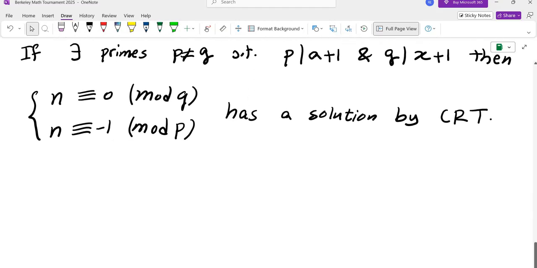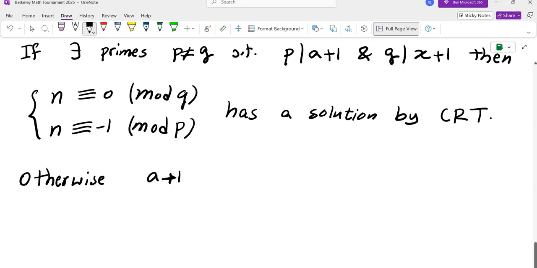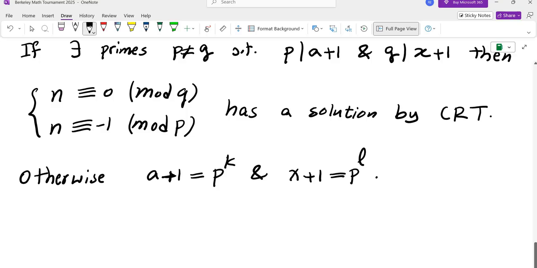So let's assume that is not the case. Otherwise, that means a plus 1 has only one prime factor, and x plus 1 has exactly the same prime factor. So a plus 1 is p to the power of k, and x plus 1 is p to the power of l for some prime p.